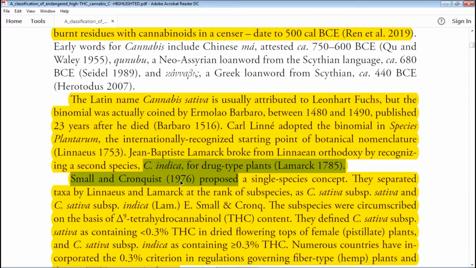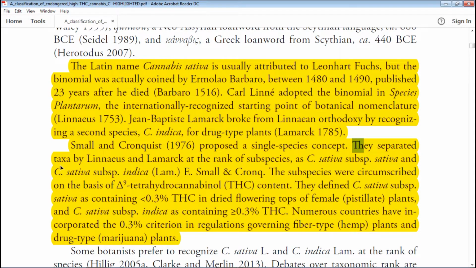Small and Cronquist, 1976, proposed a single-species concept. They separated the taxa of Linnaeus and Lamarck at the rank of subspecies, as Cannabis sativa subspecies sativa, and Cannabis sativa subspecies indica.